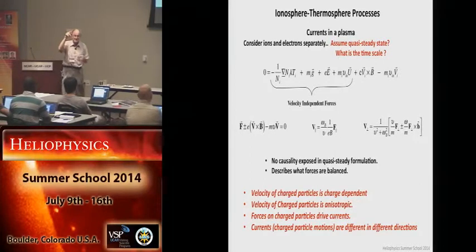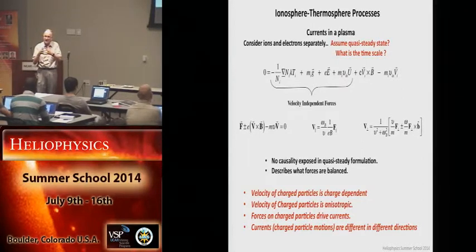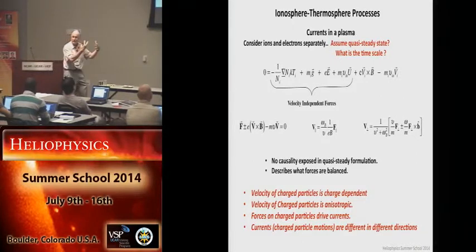That is, we take the dv dt term and say, let's assume that's 0. Okay? When that's 0, what you're doing is you're equating all the forces. You're saying the system is in force balance. So the plasma is moving at a constant velocity. Everything in the system is behaving in a quasi-steady state. And so all the forces must be in balance.